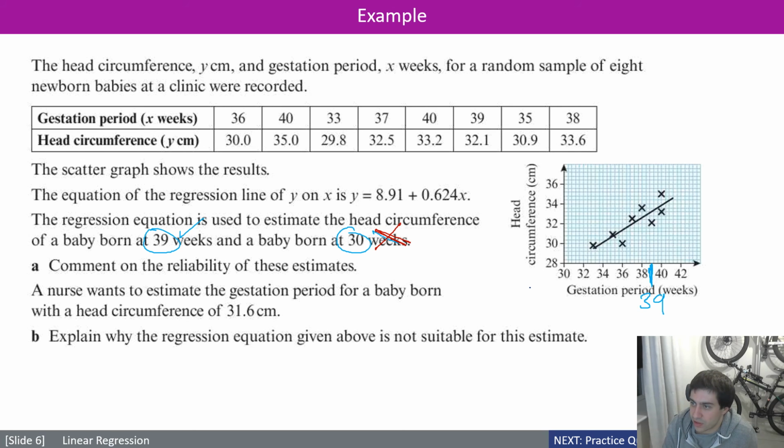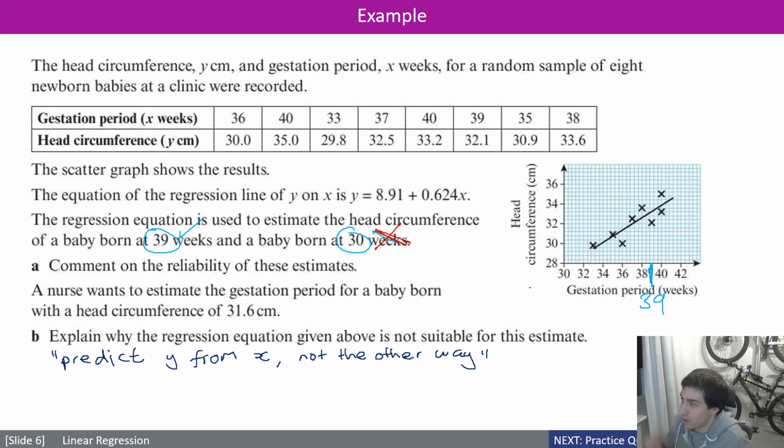Let me just write that as a rule you can quickly remember: predict y from x, not the other way. But that's not an acceptable way to write it as an answer. We need to use the phrasing dependent variable and independent variable. So let me think what would be the best way to phrase it.